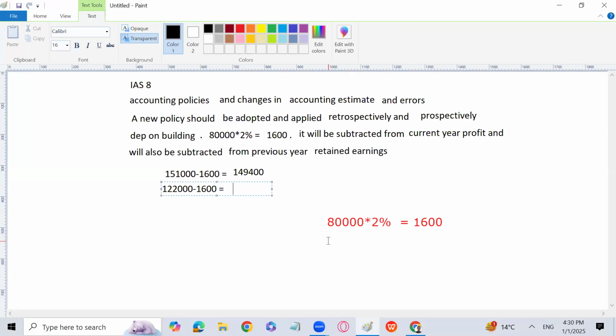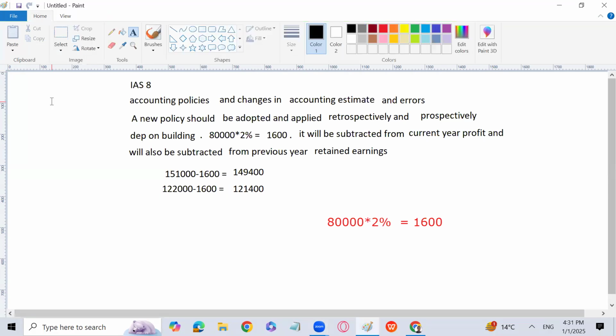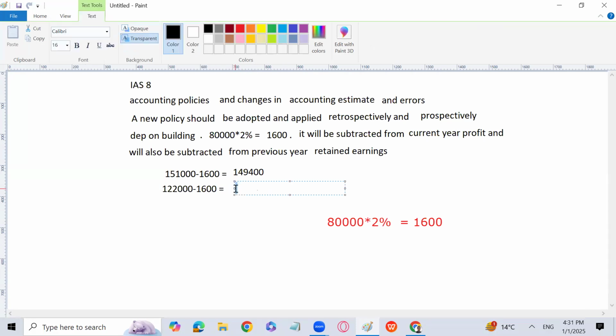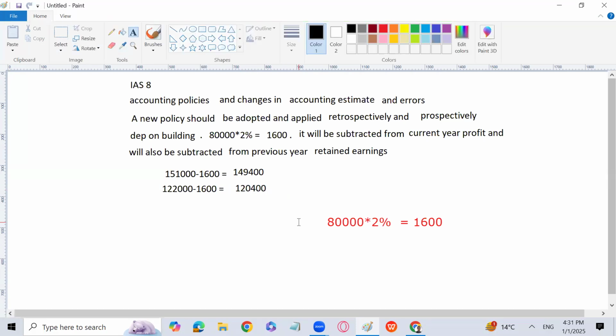That will become 120,400. So the profit is going to be 120,400. Okay, so profit we have adjusted also. There might be some other adjustment also. We'll discuss that in detail.